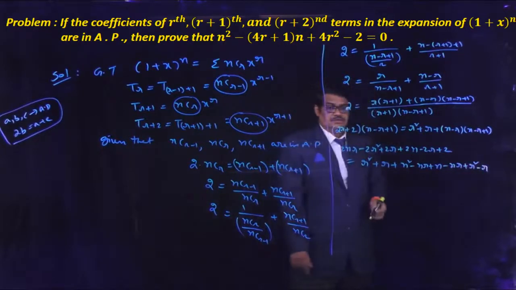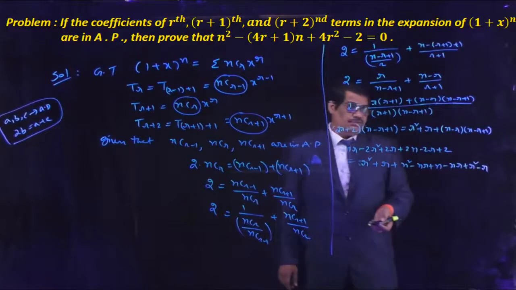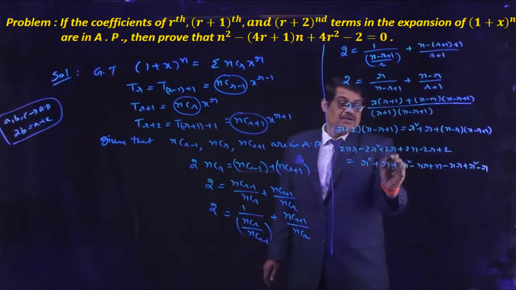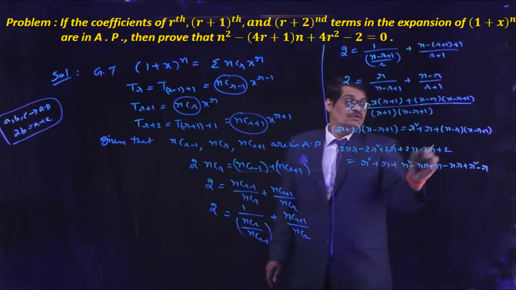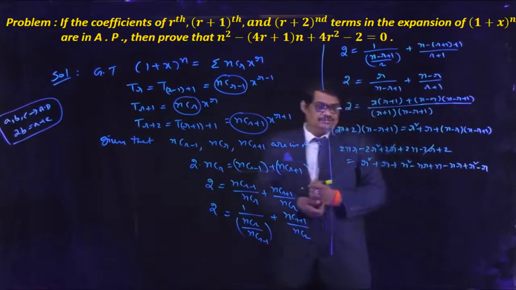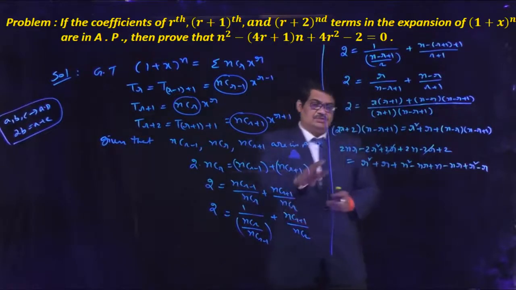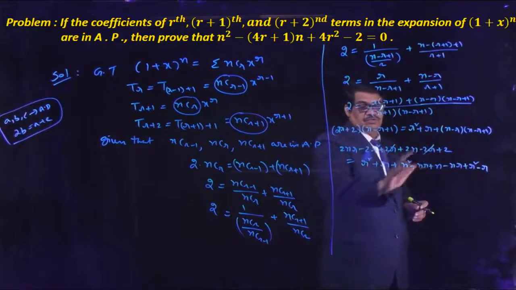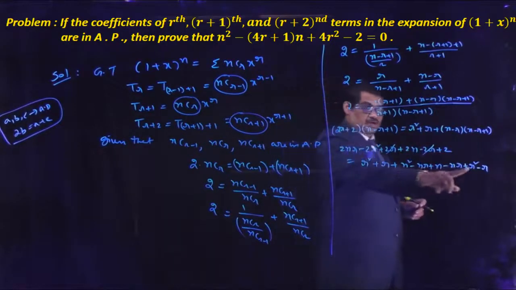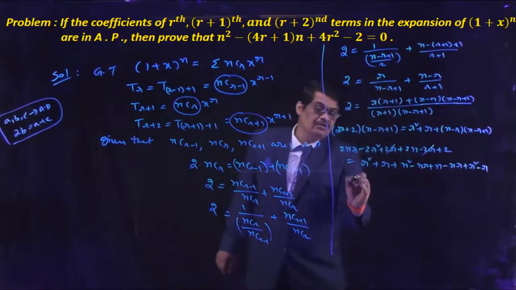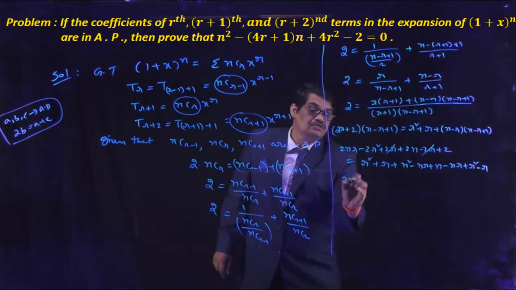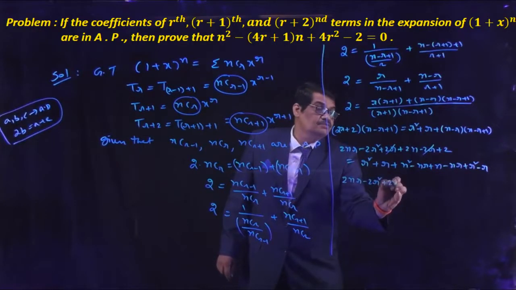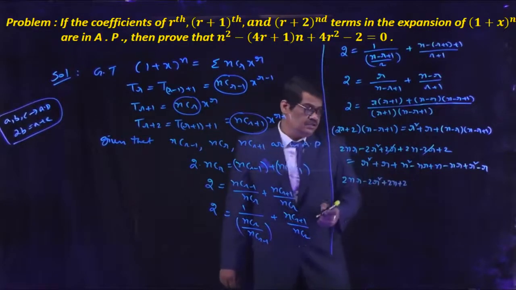Okay. Now what terms will be cancelled? Here 2r and minus 2r will be cancelled. The remaining terms are 2nr, minus 2r square, plus 2n plus 2. This is the LHS.